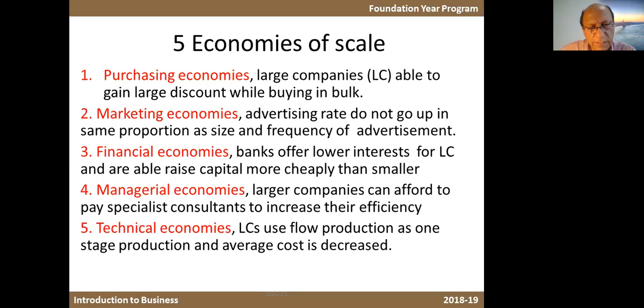Technical economies. Large companies use flow production technology, large technologies, which are very expensive, as a one-stage production, and average cost is decreased. So for this reason, their cost is low. These are the factors by which large companies are able to reduce their cost.